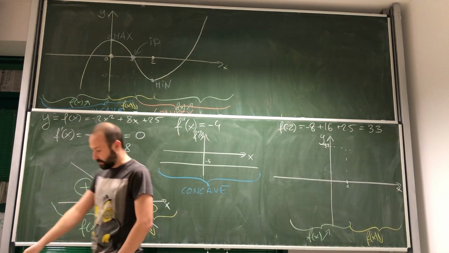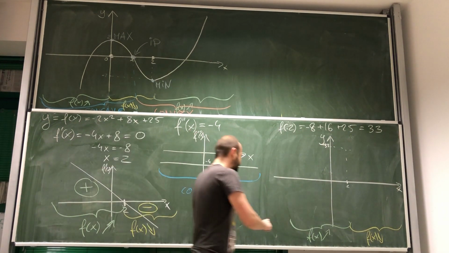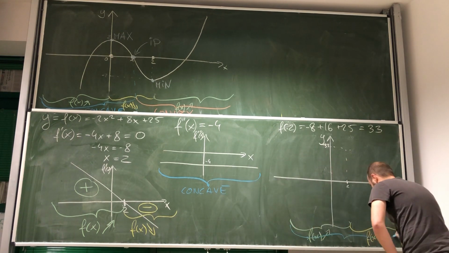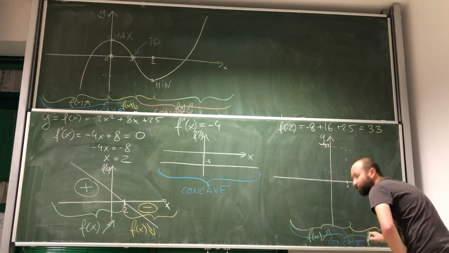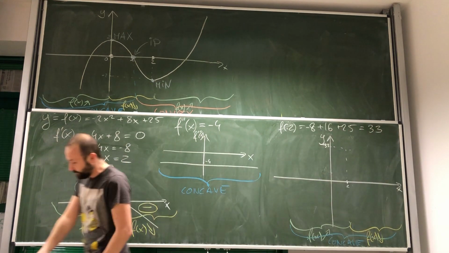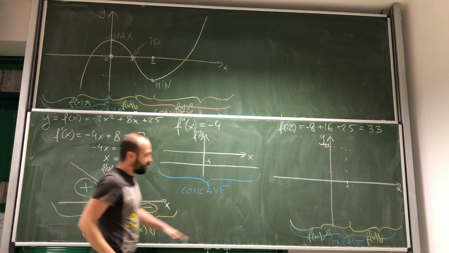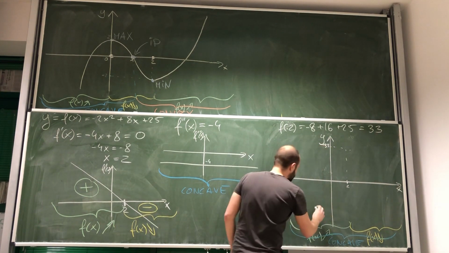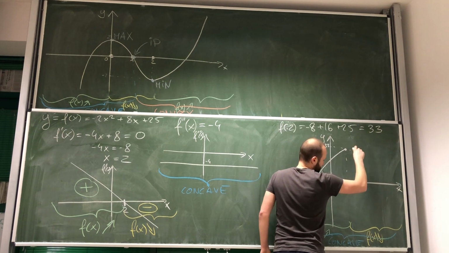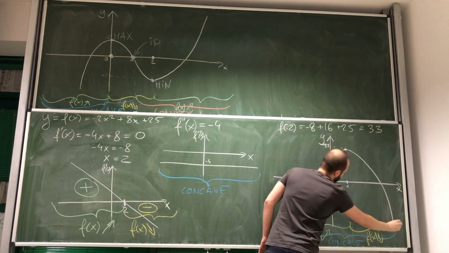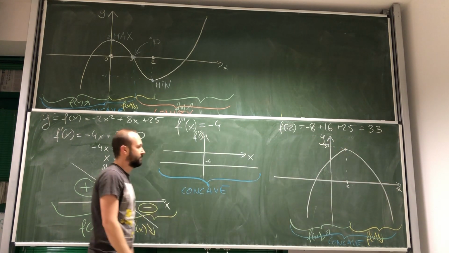And we also know that it is everywhere concave. So it should look like a cave, right? So here, right up to 2, it's increasing concave. And then from this point on, it is decreasing concave.